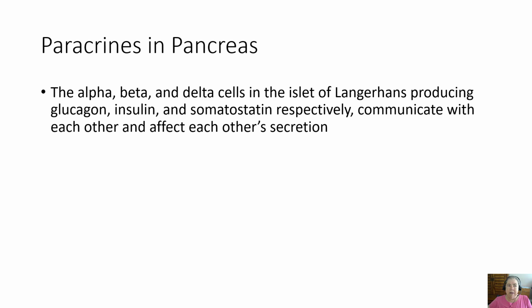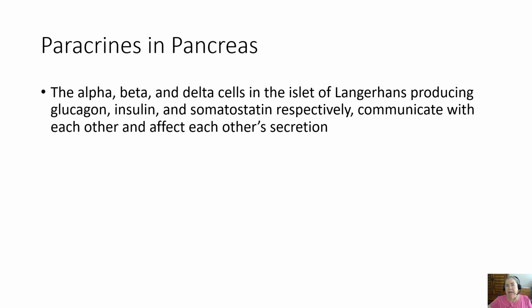We talked about chemical messengers, and I mentioned that there were messengers that were hormone-like substances but acted on nearby cells and functioned as something called paracrines. And the alpha and beta and delta cells in the islet of Langerhans that make glucagon, insulin, and somatostatin each affect the surrounding cells.